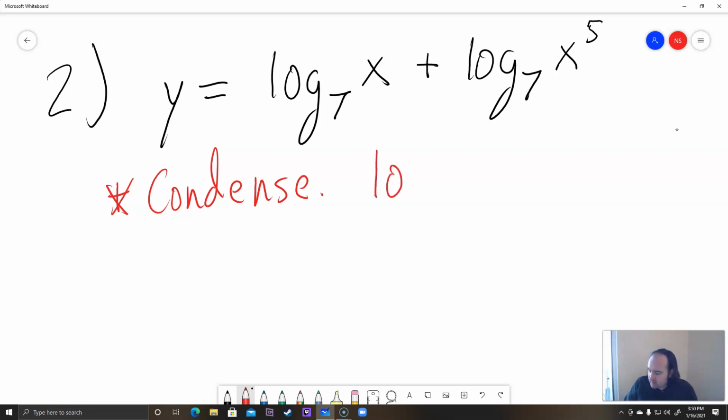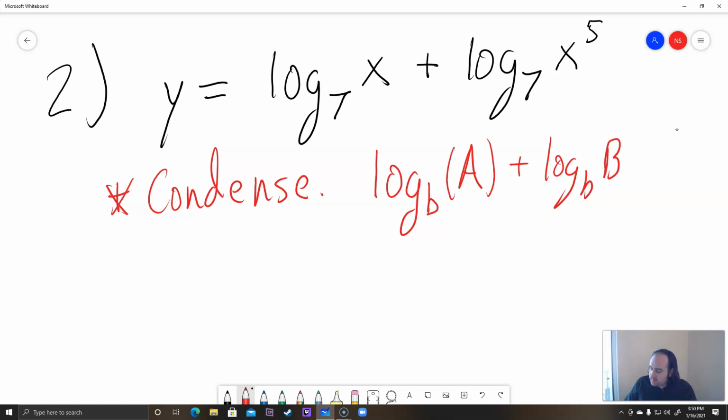So if you have log base b of capital A plus log base b of capital B, then this is the same as log base b of A times B. So adding outside the logarithm is the same as multiplying inside the logarithm.